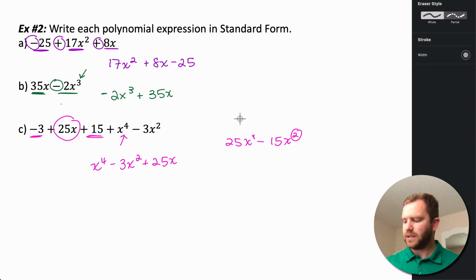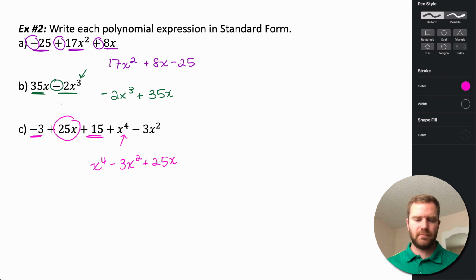Because those have different exponents, we would not be able to combine those. And that's also why we have to leave these separate. So 15 minus 3, that's going to be positive 12. And so that would be what we're left with as far as our constants. So this would be the standard form expression for that polynomial there.